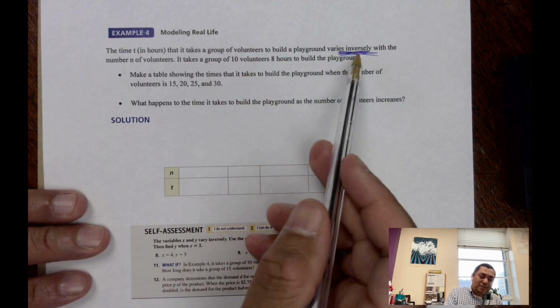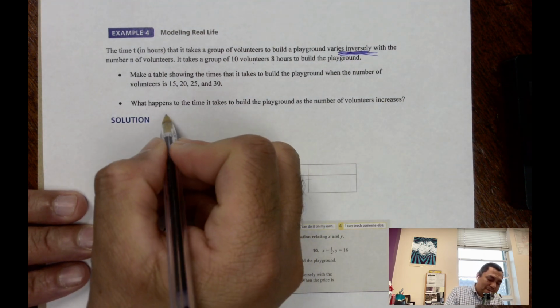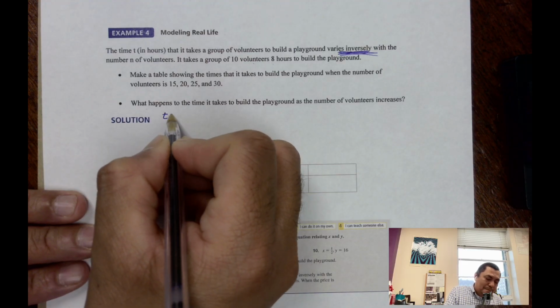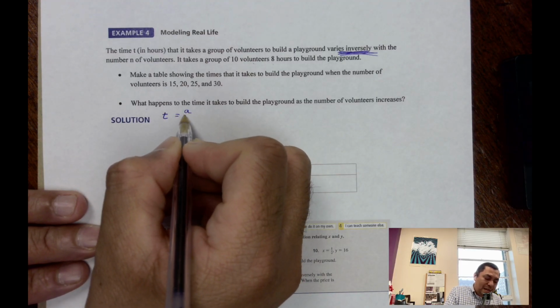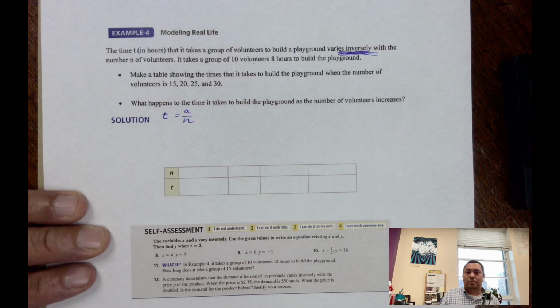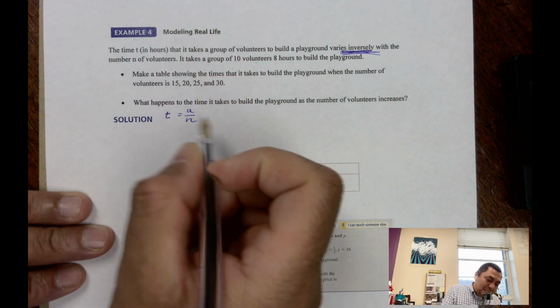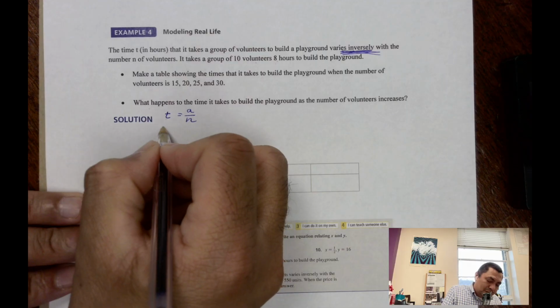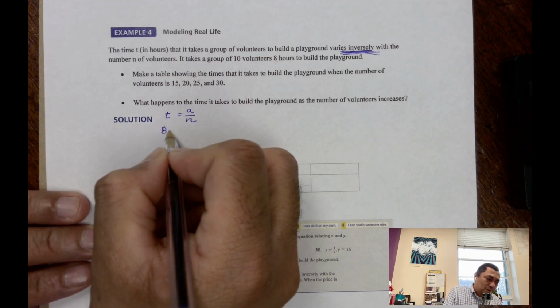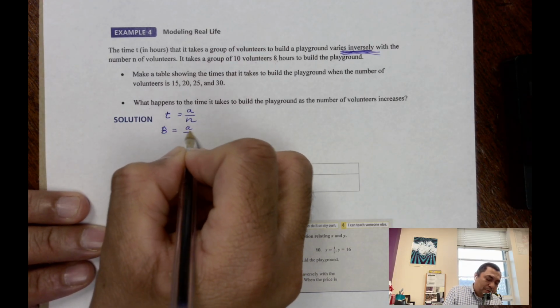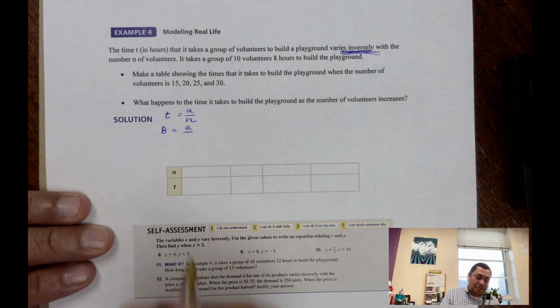Okay, let's start the solution. Because it's an inverse variation, I'm going to have that the time t equals a over the number of volunteers. Now, I know the time in this case is 8 hours. 8 hours equals a over 10 volunteers.